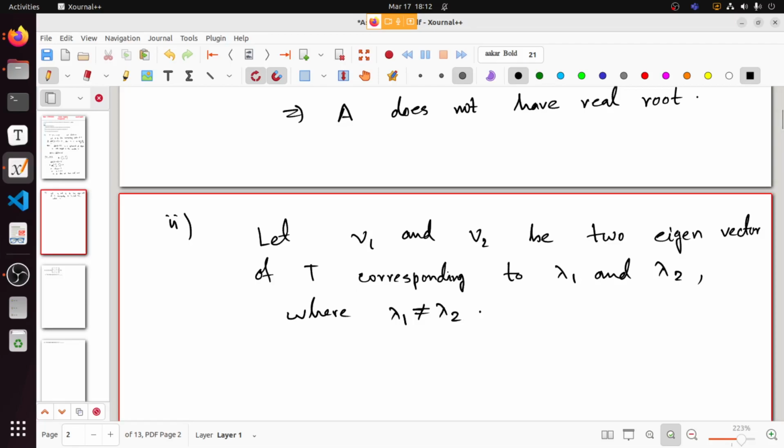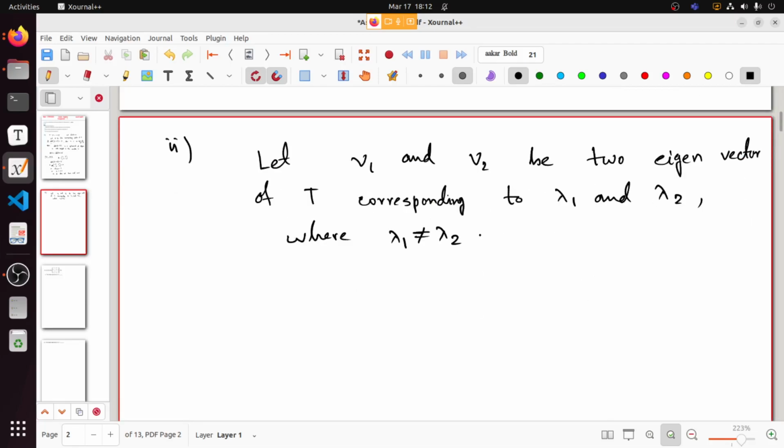We have to show that v1 and v2 are linearly independent.